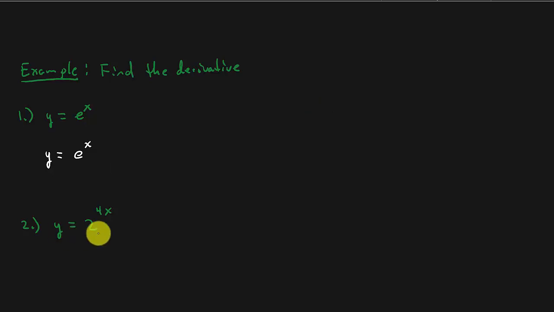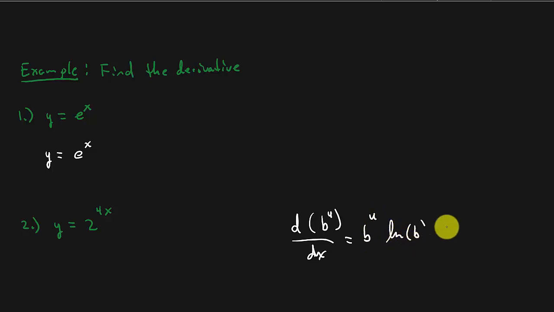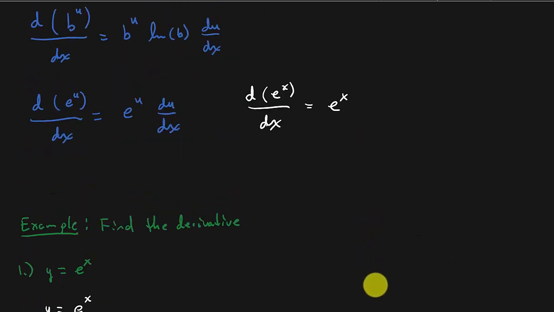All right, so let's look at this one. y equals 2 to the 4x. Let's just go ahead real quick and write down our formula. I just wrote the formula here so we don't have to scroll back up.